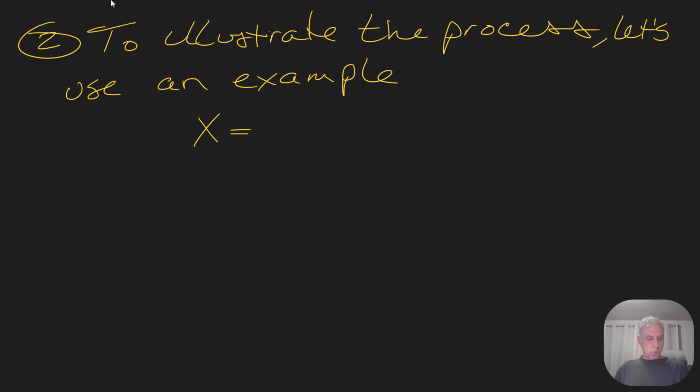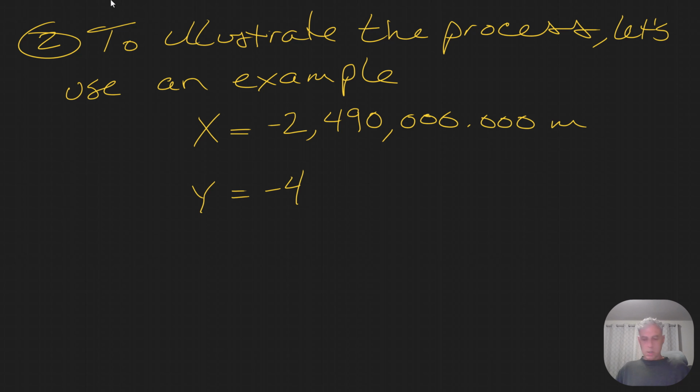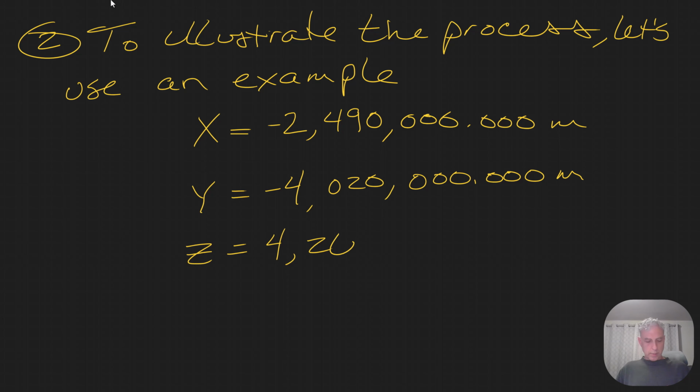Let's say x equals negative 2,490,000.000 meters, and y is equal to negative 4,020,000.000 meters, and z equals 4,267,000 meters. So x, y, z coordinates, geocentric coordinates of a point P.